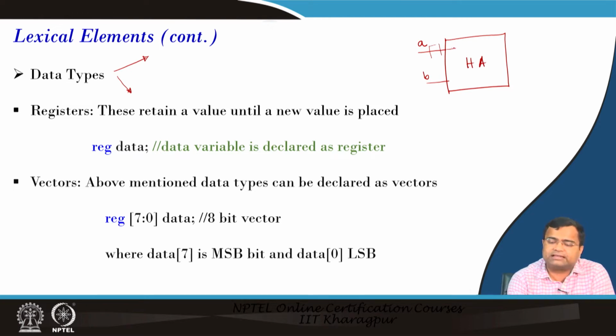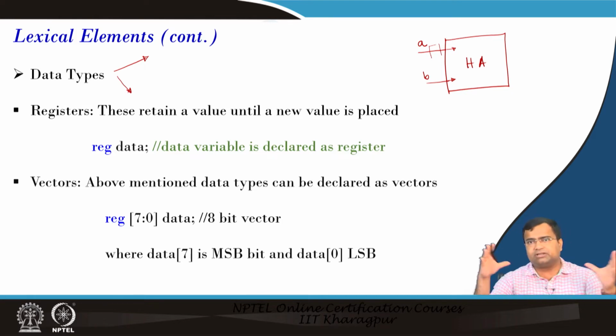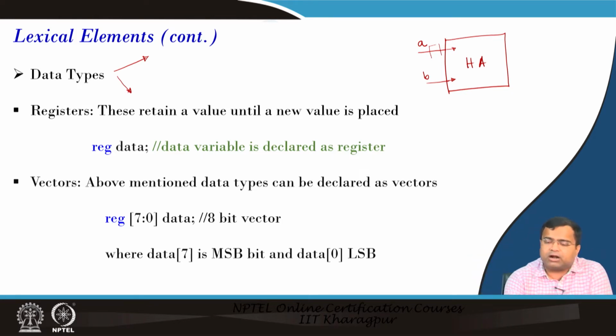So the input cannot be registered, but the output can be registered, or it can be in combinational logic. An output that is just wire type data has no storing purpose. But if you are using a block where you want to store something, the output can be a register type also.